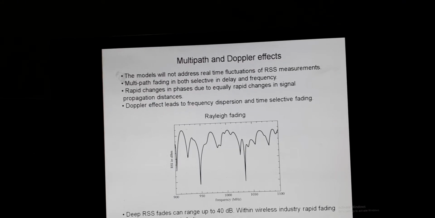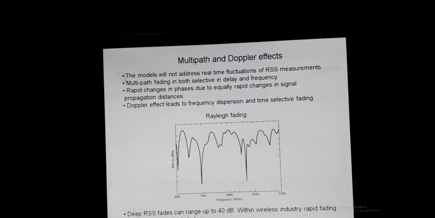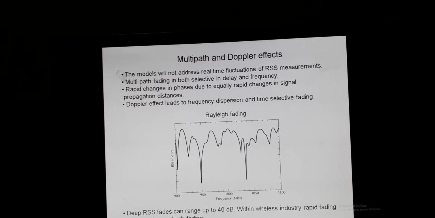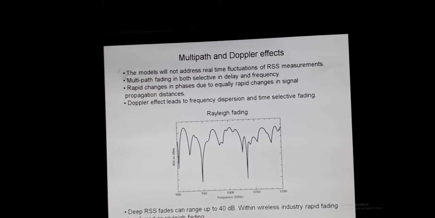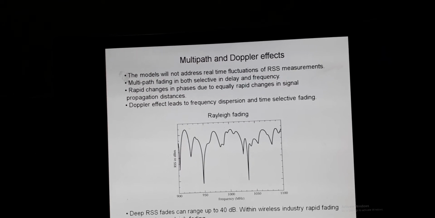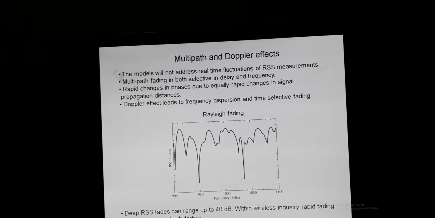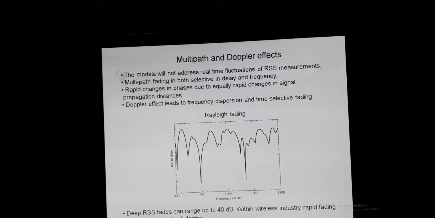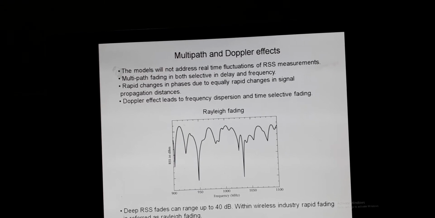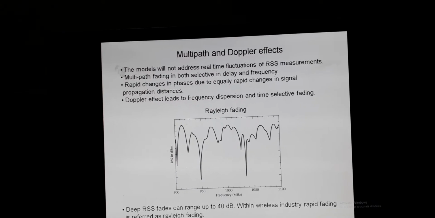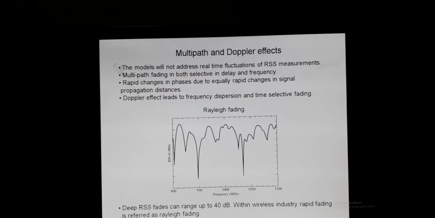There is a problem in wireless communication that the signal will be faded, and here is a graph which shows frequency and received signal strength. Variation within 900 to 1100 megahertz is seen, that is called Rayleigh fading. Rapid changes in the received signal strength in decibel per meter with different frequencies.